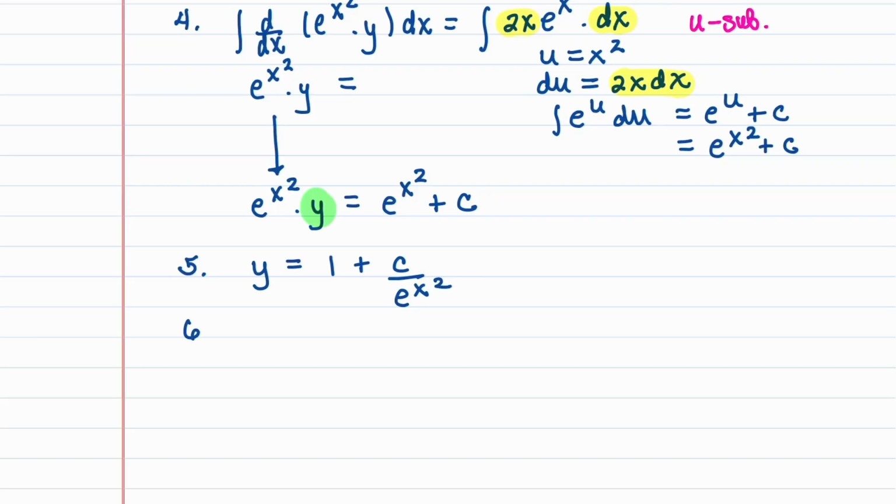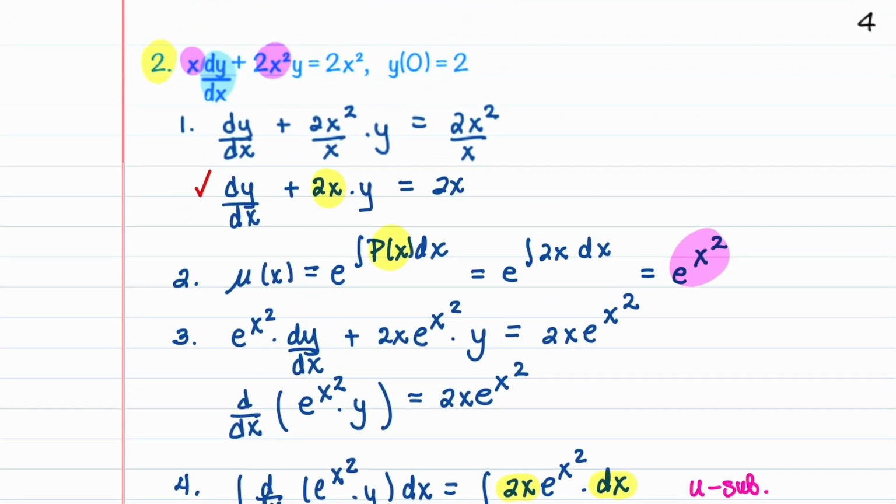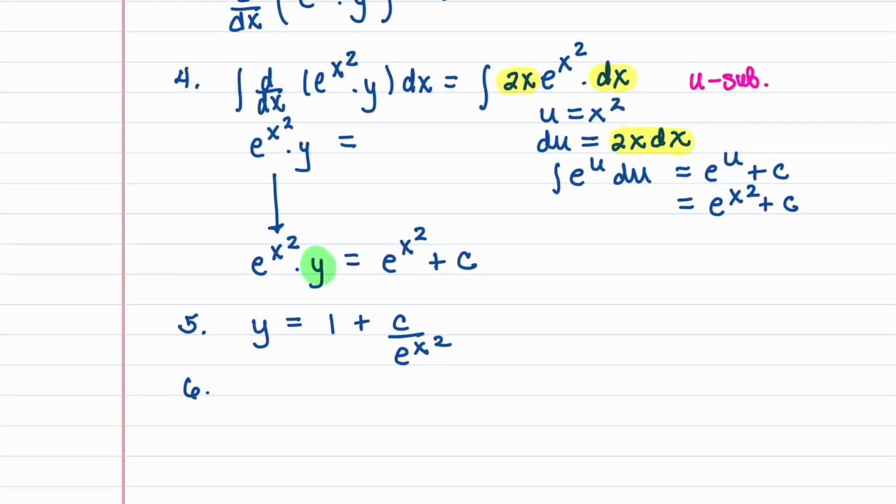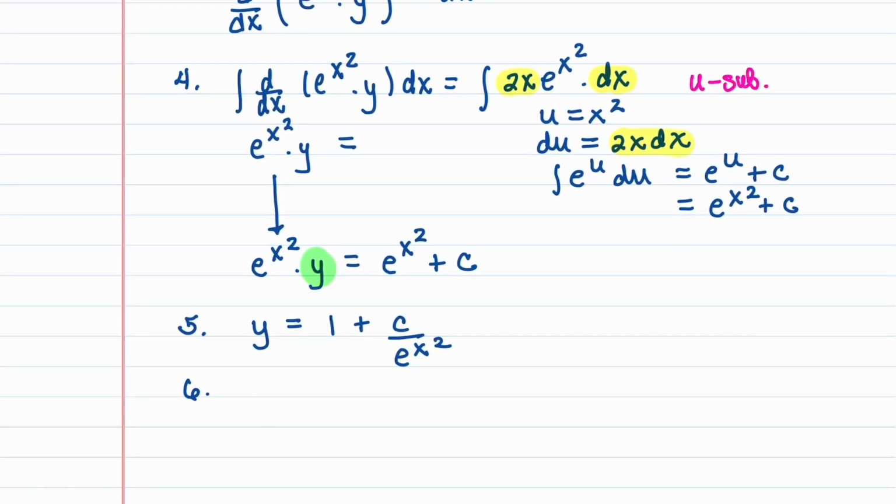In this problem, we have one more step to do. Let's go back up to the top and look. We were given what's called an initial condition that y of 0 is equal to 2. When you're given an initial condition, instead of having a general solution like this, we're going to get what's called a particular solution.